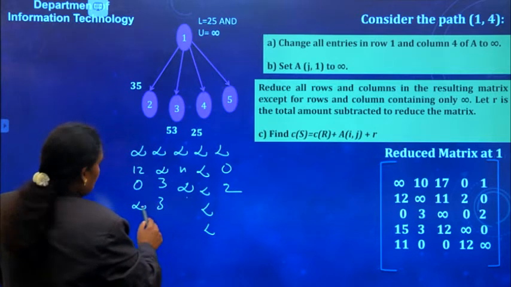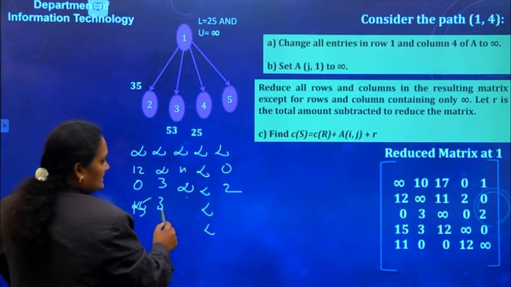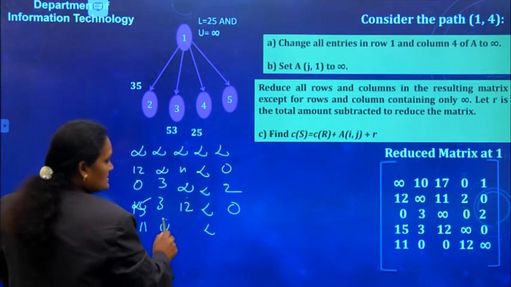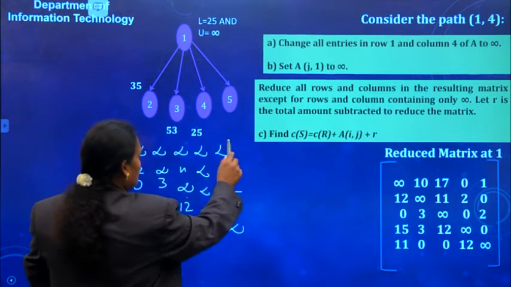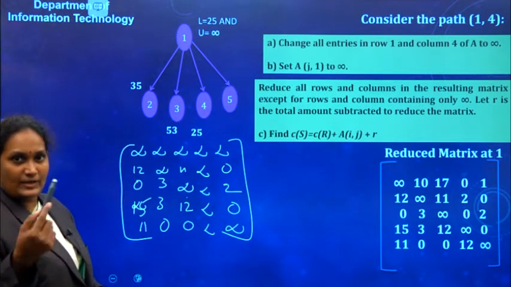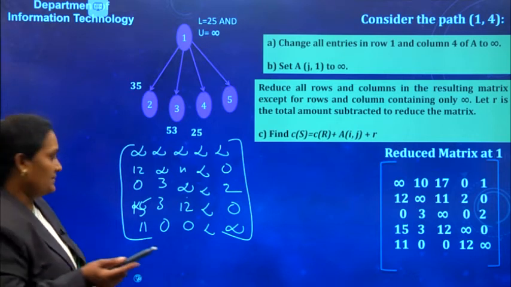Now this becomes 15 3 12 infinite 0 11 0 0 infinite. This is the matrix.